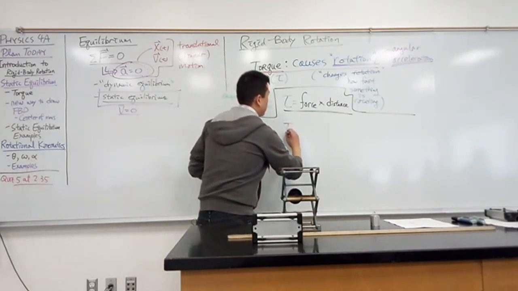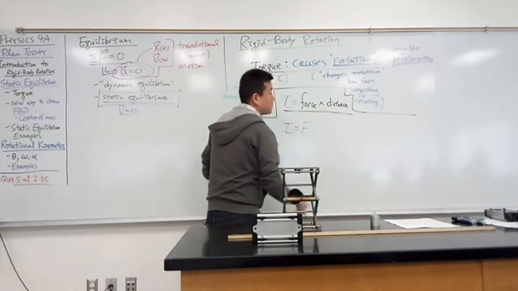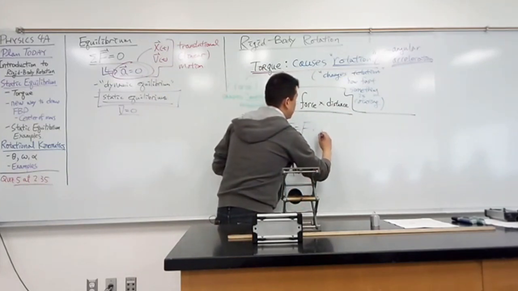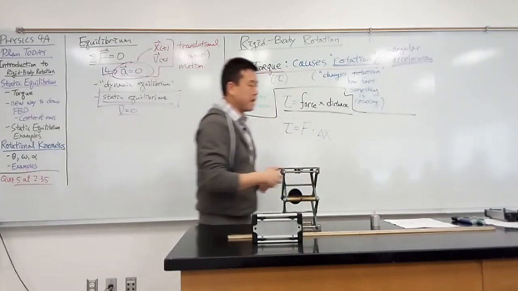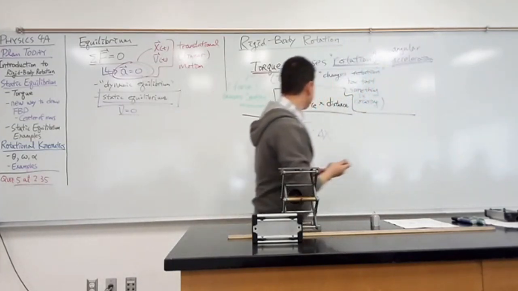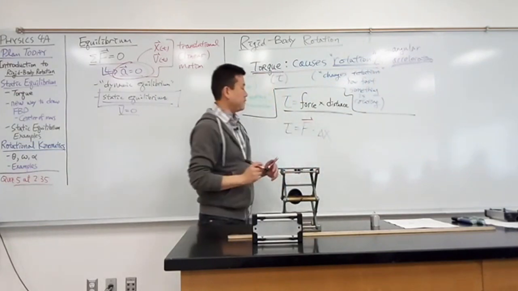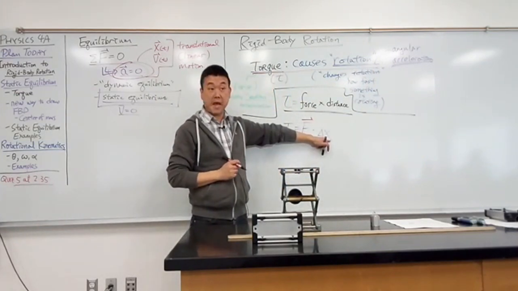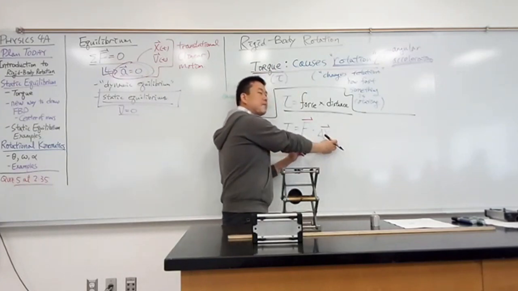Say that torque is equal to force times distance, so some kind of change in position. Wait, that doesn't quite look right. Because I remember that force is a vector, right? And I also remember displacement is a vector. But if I say that, have you seen this before?